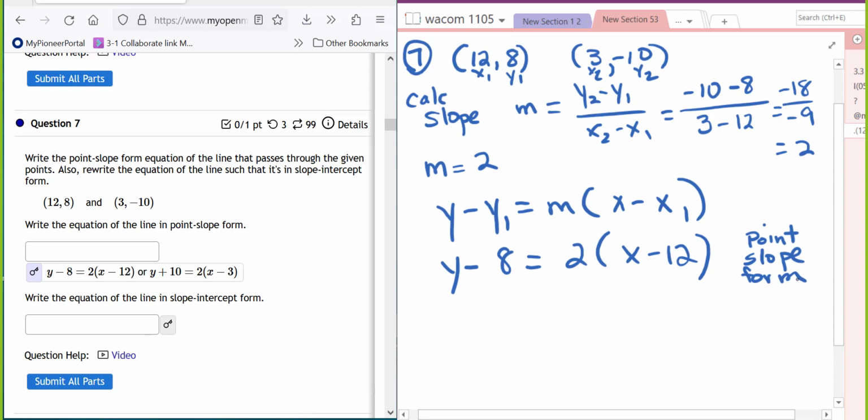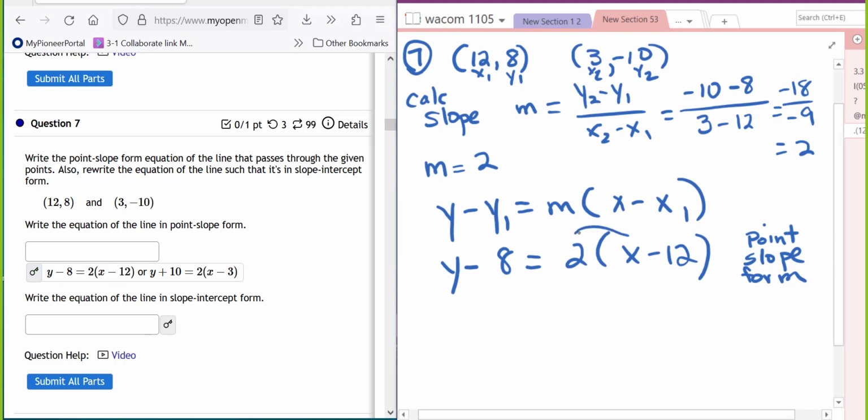All right, and so what you see here in the answer key is they would accept either this one, and it just depends on which one you call point 1, and this one, and they are equivalent. So this one was picking the other point as your point. All right, and so now we'll just clean it up and go to slope intercept form.